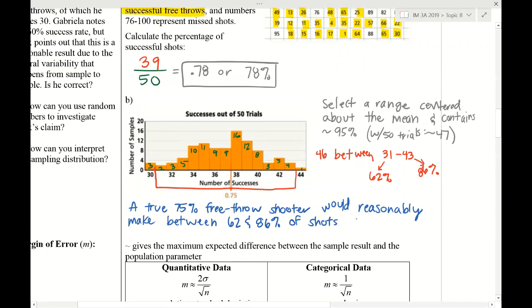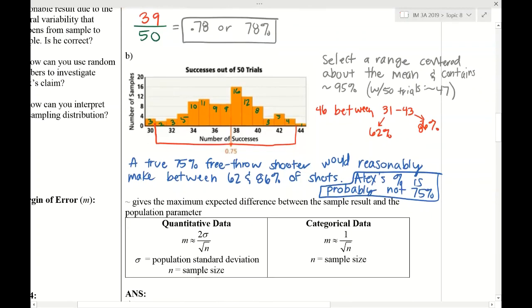So that means Alex's percentage is probably not 75. He probably doesn't really make 75% of his shots, because his free throw percentage in that one sample did not fit within that reasonable range. Okay, so this is looking at sets of data to find that reasonable range, that 2 standard deviations from the mean that contains 95% of the data values.